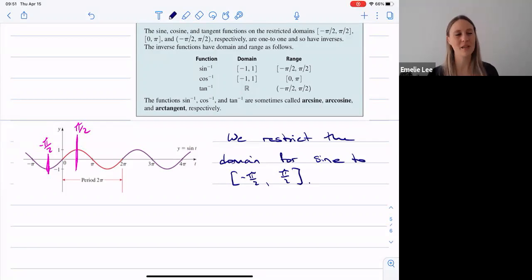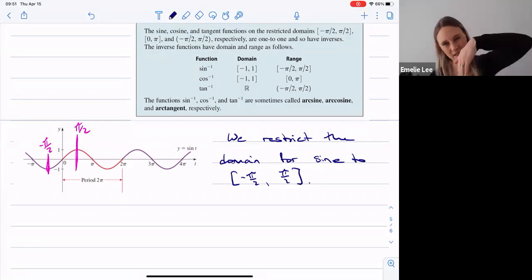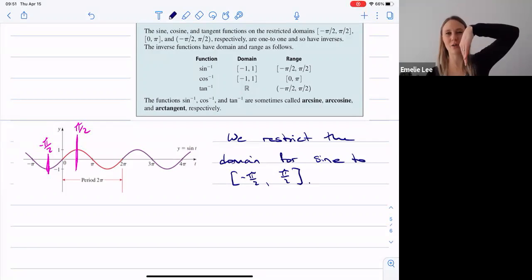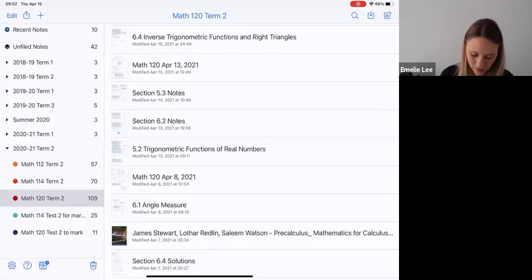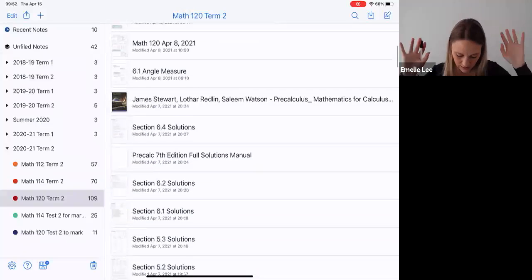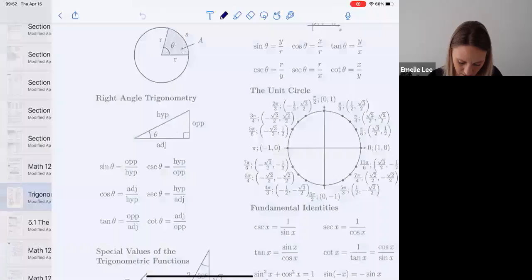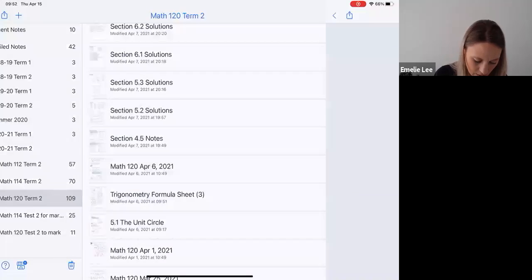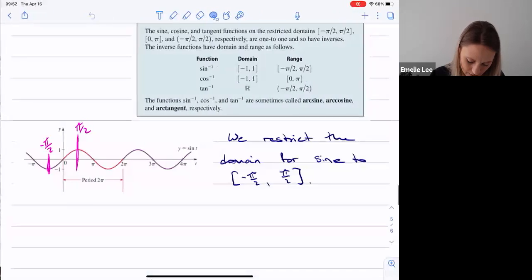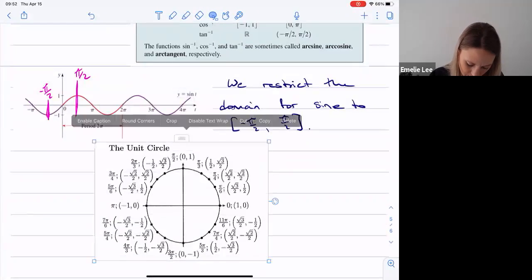In terms of the unit circle, right, that means that sine is looking from negative pi over 2, right? So that's the kind of dropping from the positive x-axis down to the y-axis, and then up to pi over 2. So thinking about the unit circle, I just want to show you so that you have them available. Okay.